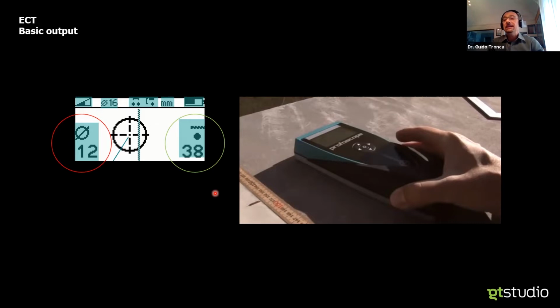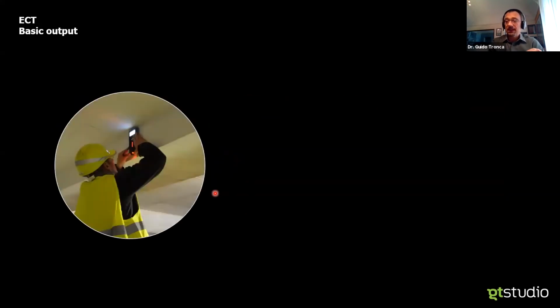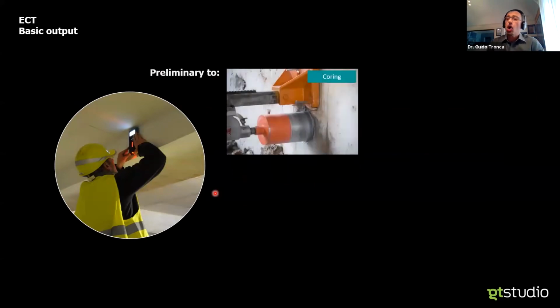And it is a central activity in all NDT inspection. Why? Because a key point of all NDT and traditional testing inspection is that you always want to know where the rebars are, either because you want to measure them or you simply want to avoid them.